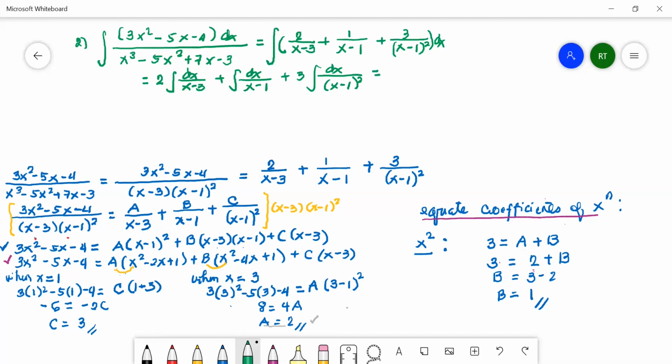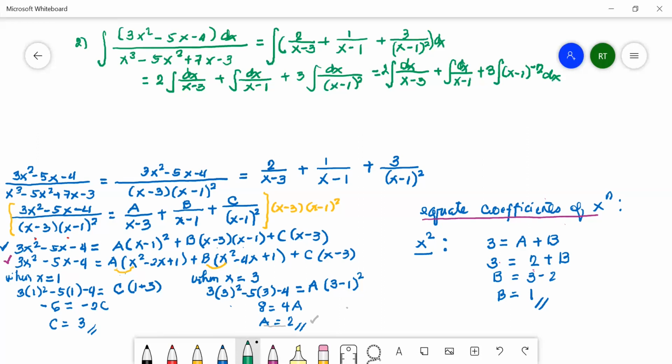Now, the third integral can be evaluated by power formula, and since it can be evaluated by power formula, then we can bring up x minus 1 raised to the second power so that we will have, okay, 2 times the integral of dx over x minus 3 plus the integral of the differential of x over x minus 1 plus 3, okay, times the integral of, okay, bringing up x minus 1 raised to the second power will give us x minus 1 raised to negative 2, okay, times the differential of x.